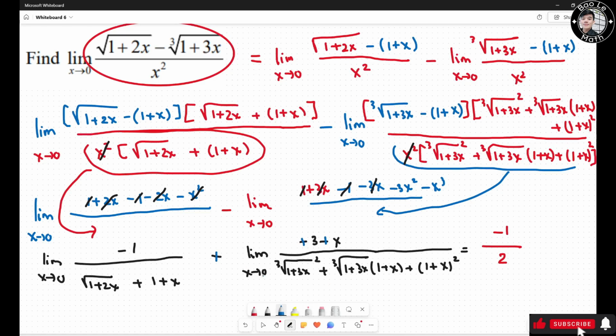So when s approaches 0, the top approaches 3, and the bottom approaches 1 and 1, so it's going to be 3. So it could be -1/2 plus 1 equals 1/2.